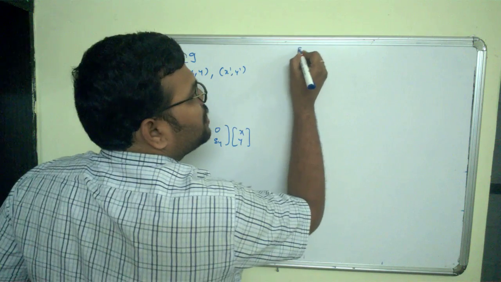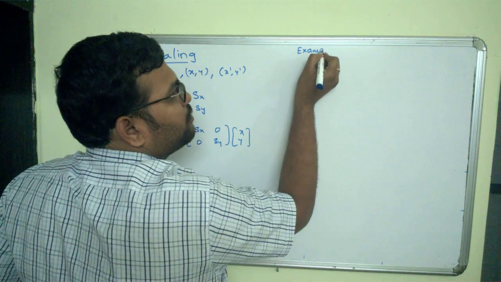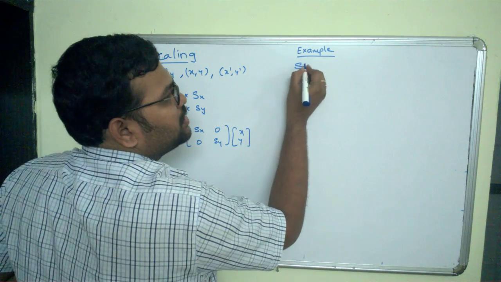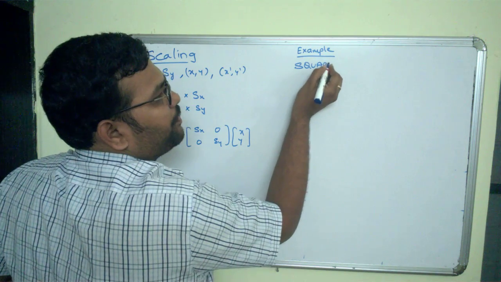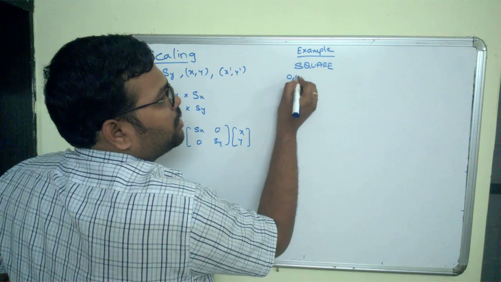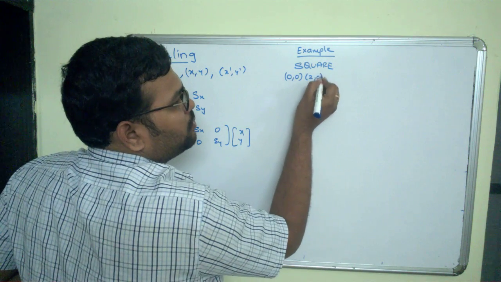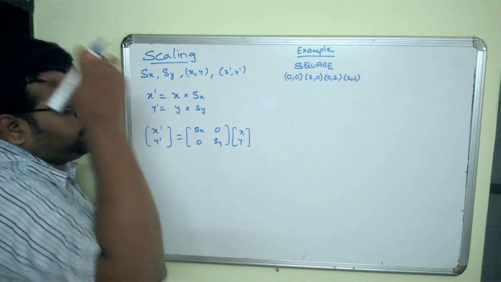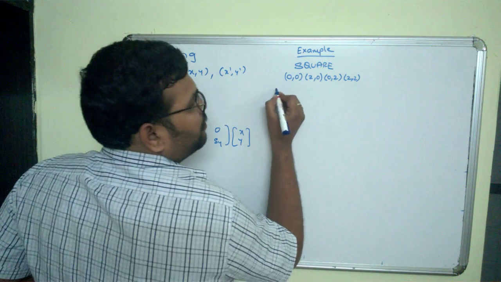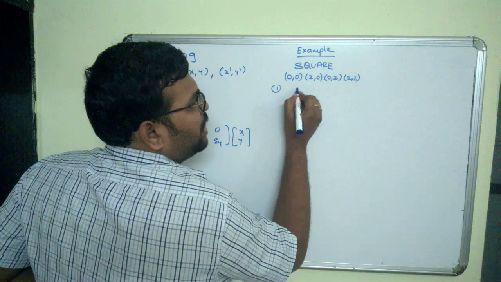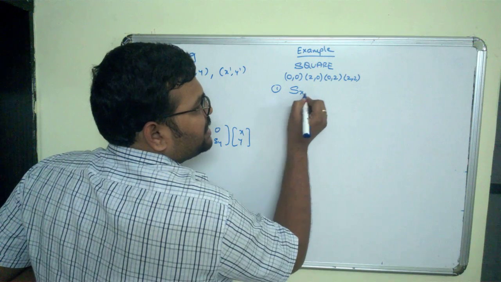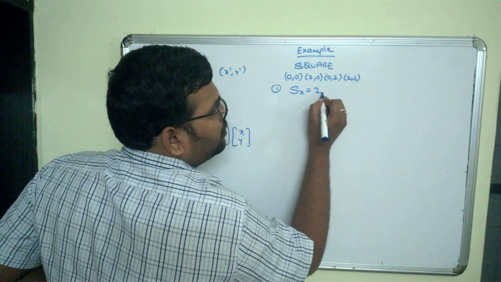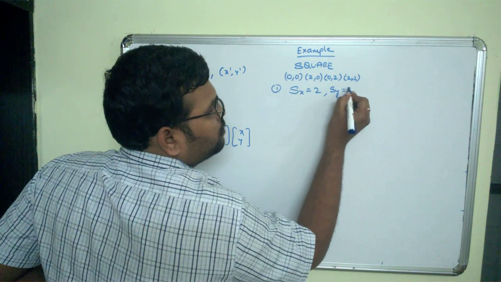Now let us consider the same example which we have considered for the translation. Consider a square with the coordinates 0 comma 0, 2 comma 0, 0 comma 2, 2 comma 2. Now first case, scale this square with Sx is equal to 2 and Sy is equal to 3.